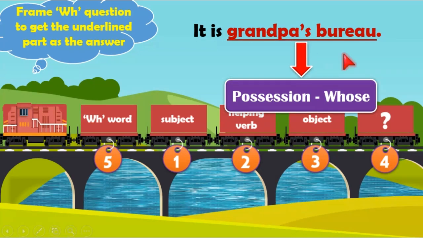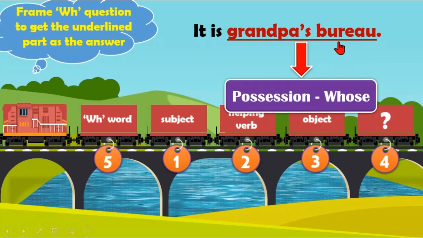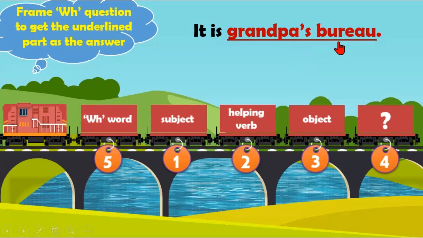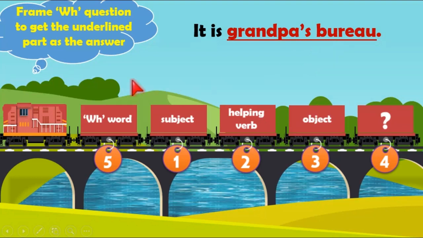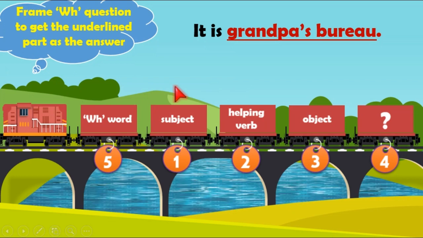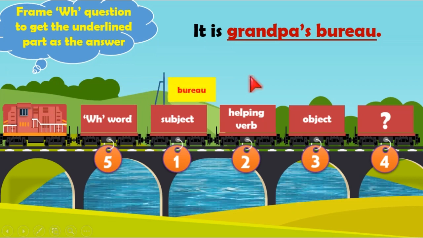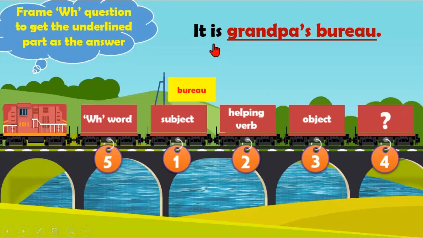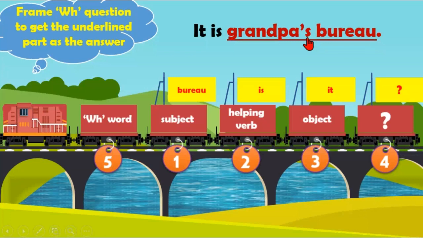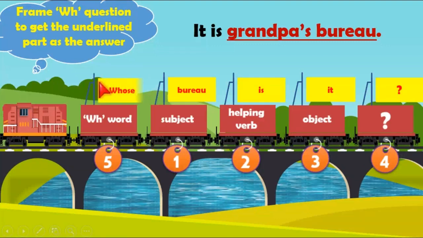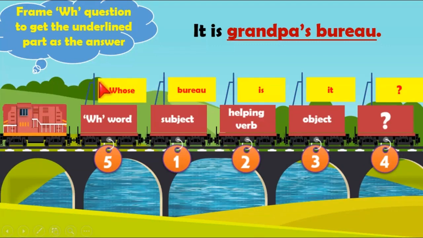Then we have to use whose. When we use whose, it is followed by the subject. So first we write the subject, bureau. Then the helping verb. Then the object, it. Then the question mark. Then the corresponding WH word, whose. So, whose bureau is it?